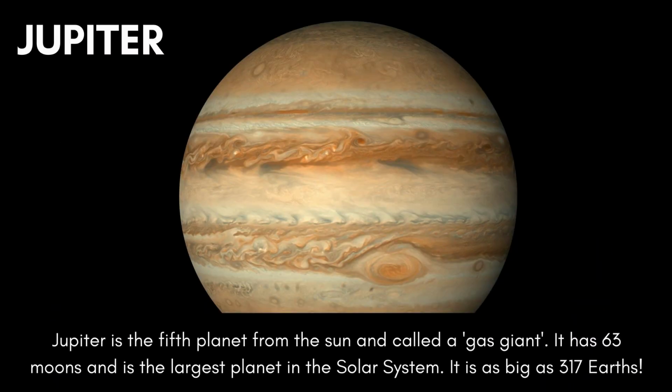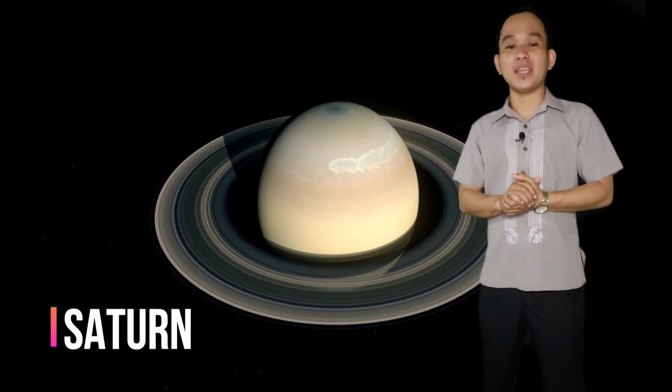Jupiter. Jupiter is the largest planet in our solar system. It has a permanent storm known as a great red spot. It has 63 moons. Saturn. Saturn is the second largest planet but has the lowest density, has complex ring system, and has 31 moons.